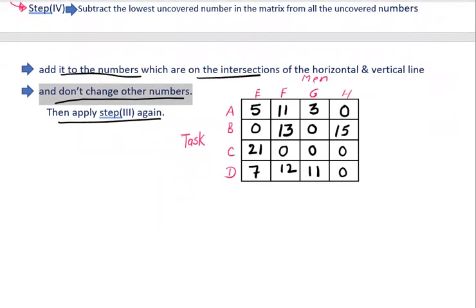So again, starting from the first row, select a row with a single 0. So the first row contains a single 0. Make an assignment. We are applying step number 3. So when we make an assignment in a row, we will cross that column.